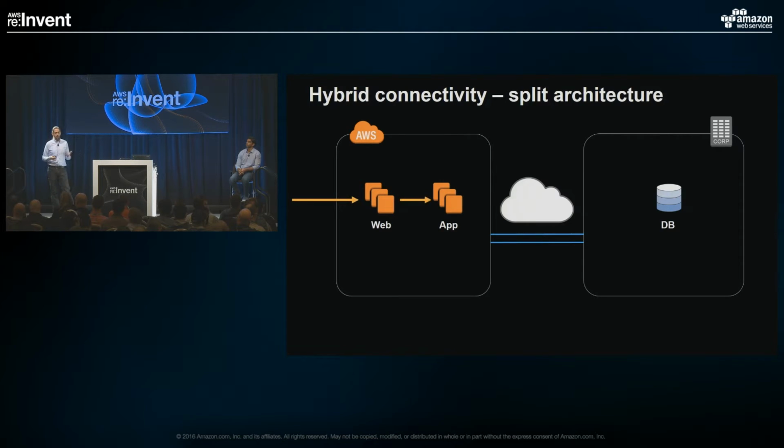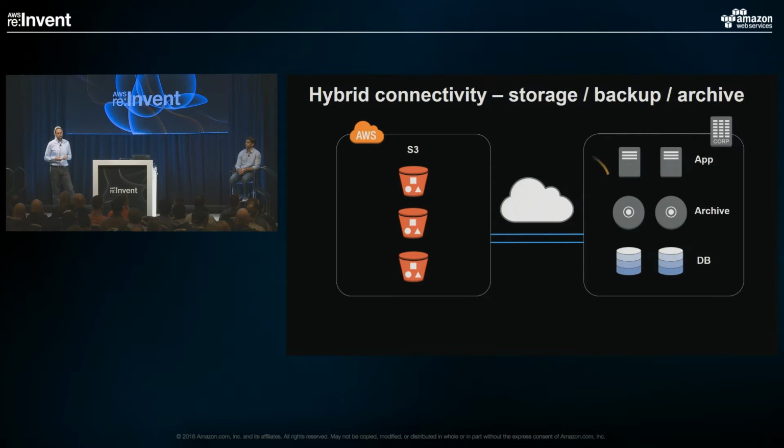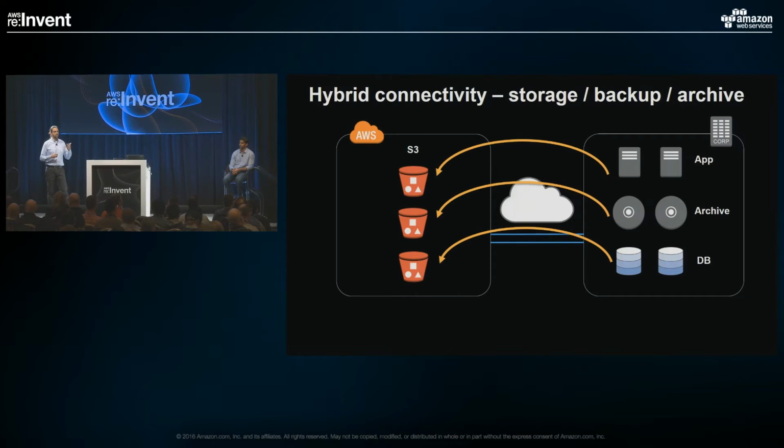For example, you could be running certain elements of an application in AWS and then certain elements of the same application outside. You could be feeding your applications in AWS with data streams or database replications. You could be relying on AWS as a reliable off-site storage for backups and archiving.